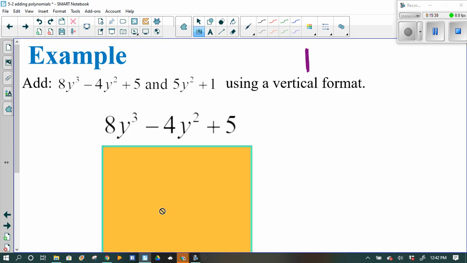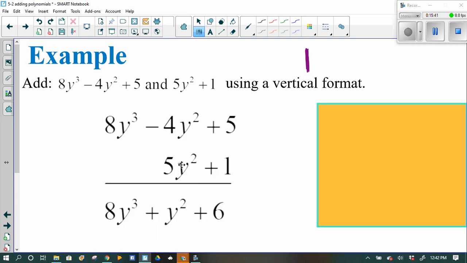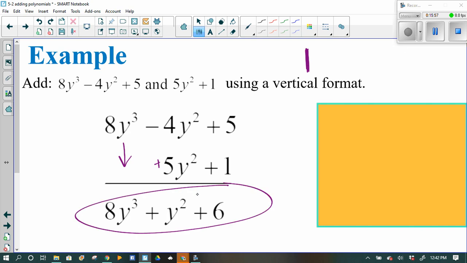So you put it underneath. You put your y squareds together, you put your numbers together. This just drops down because there's nothing to be added to it. Negative 4 plus 5 is 1, and then 5 plus 1 is 6, and that is your final answer. This format is fine too. It's a matter of what works best for your brain.